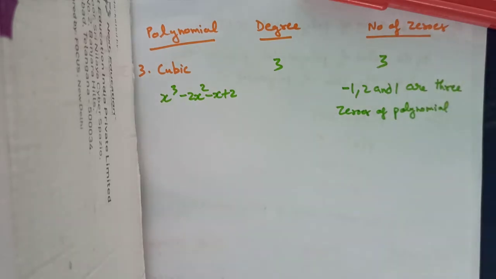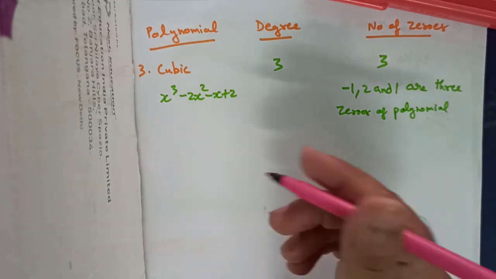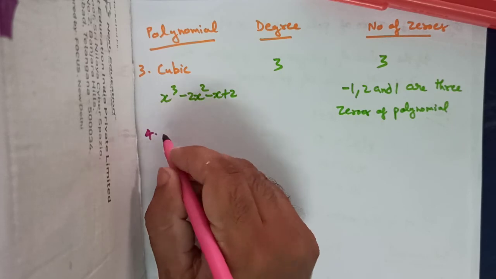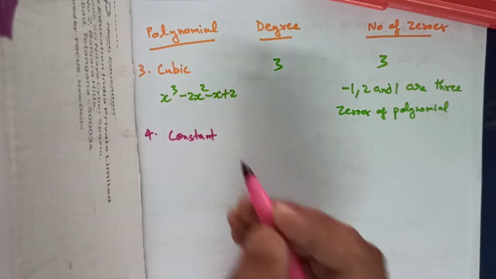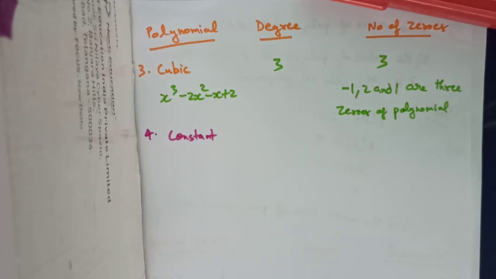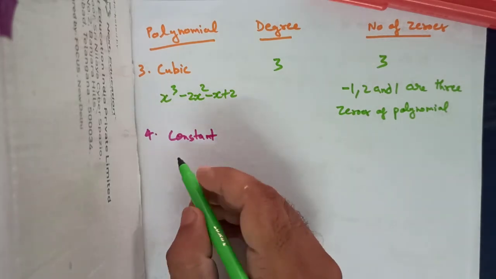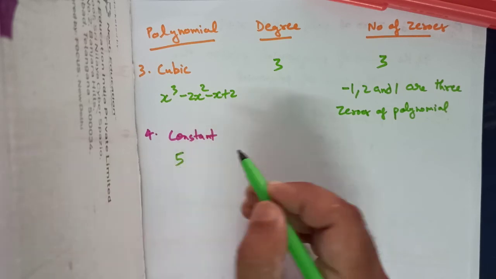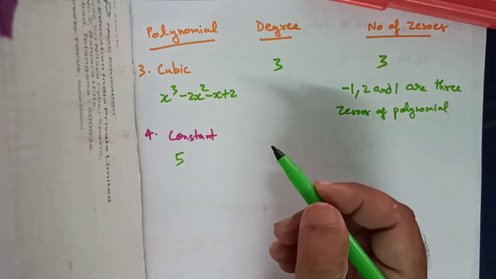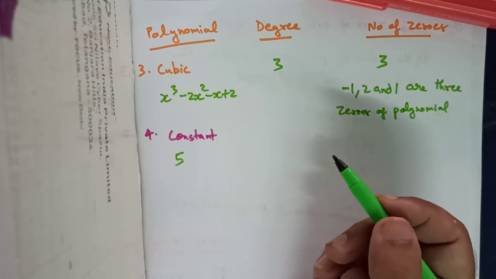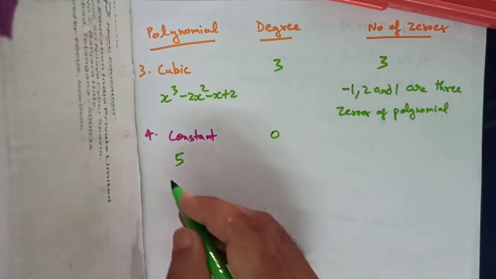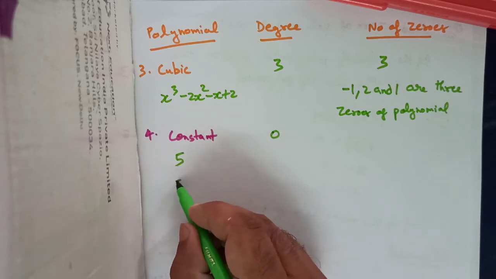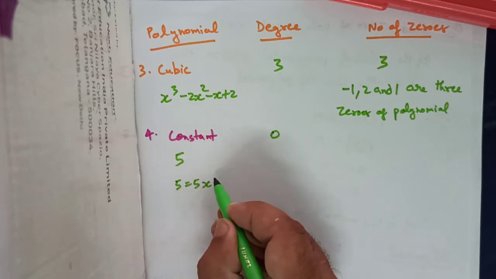Is that clear? Now let's take another example, the constant polynomial. What is a constant polynomial? A polynomial whose degree is 0, like any constant number such as 5, 7, minus 2, minus 1 by 2, pi. These are constant polynomials. So the degree of a constant polynomial is 0, as you know that 5 can be written as 5x raised to the power 0.